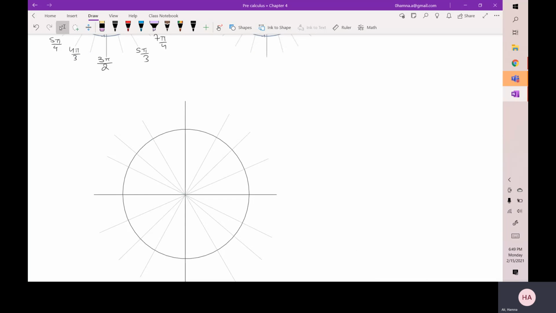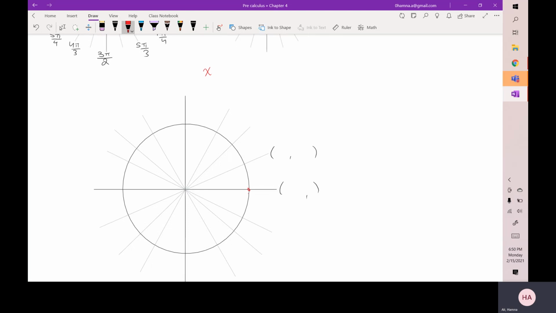So if we look at just the x values to start with, I'll do those in red. My x value at 0 is going to be 1. And that makes sense. We have this radius of 1. It also makes sense with our values because x is equal to cosine of theta, and cosine of 0 is equal to 1. So we start with 1. And then we'll go to pi over 6, or 30 degrees, and we have root 3 over 2 for our first x value.